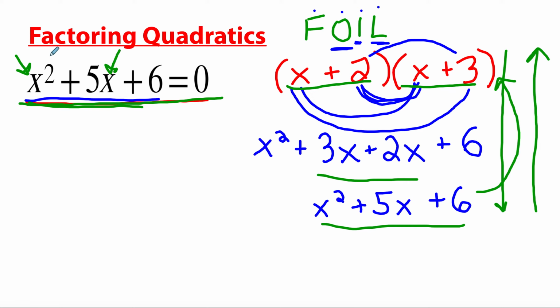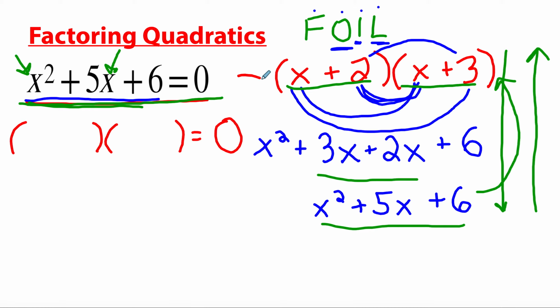When you factor, you're going to take a quadratic equation and you're going to turn it into the multiplication of two linear expressions. So you won't always know what goes in these parentheses, but you will know that there's going to be some linear expression here, x plus something, and some linear expression here, x plus something else, and that it's still going to equal 0.